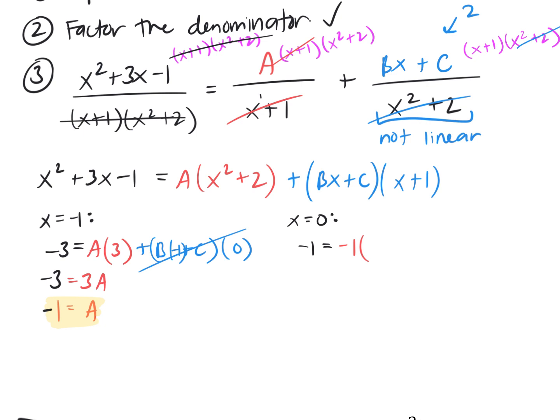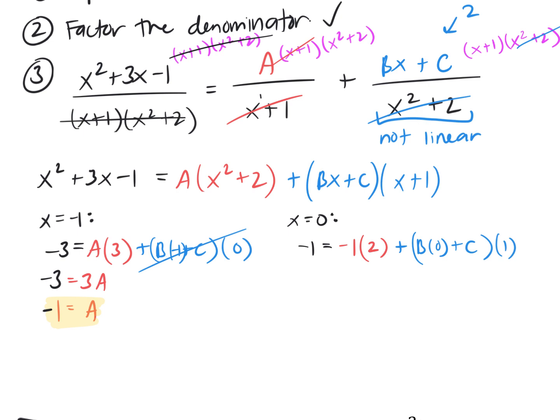And when I plug in 0, I get 0 squared plus 2, which is 2, plus my bx plus c, so that would be plus b times 0 plus c, and then that is times 1.